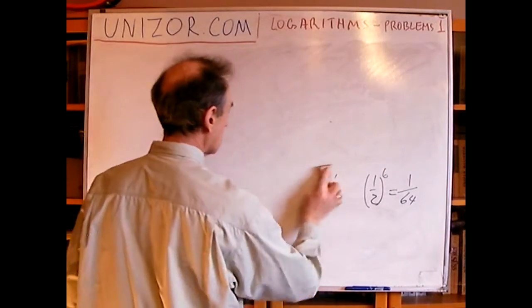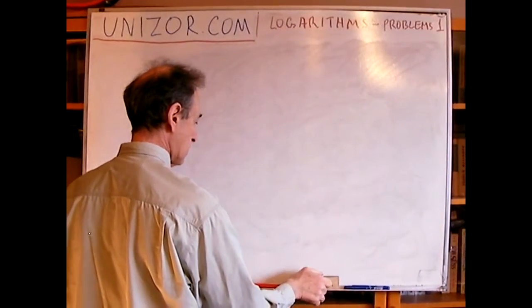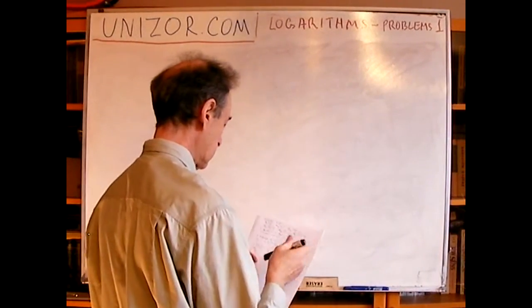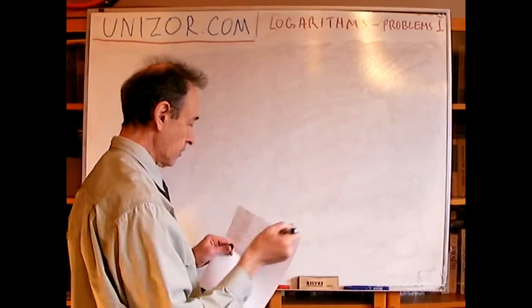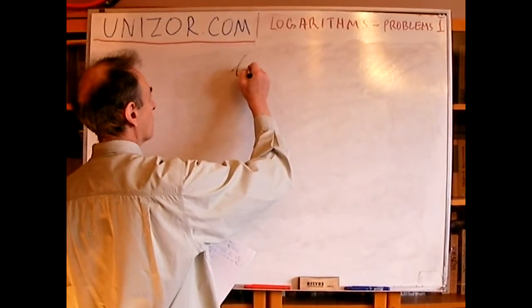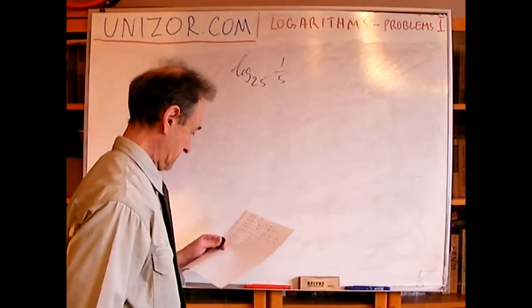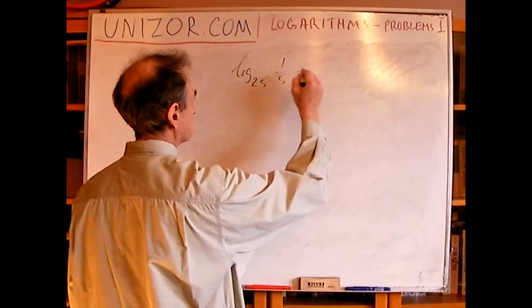And now I have the last series of problems, which is exactly the same as the previous one, but now the base is 25. So log base 25 of 1/5. Okay.